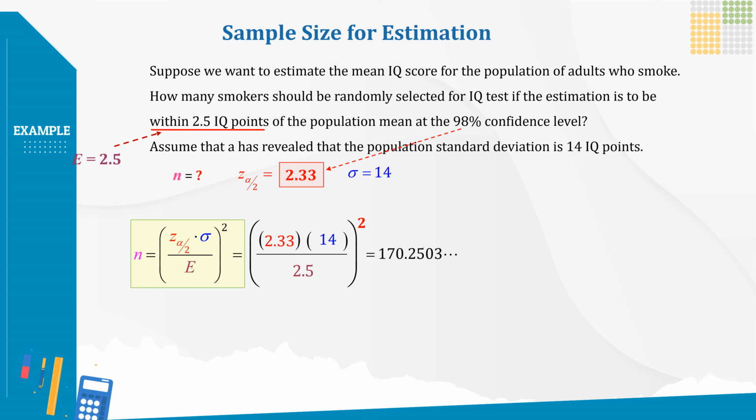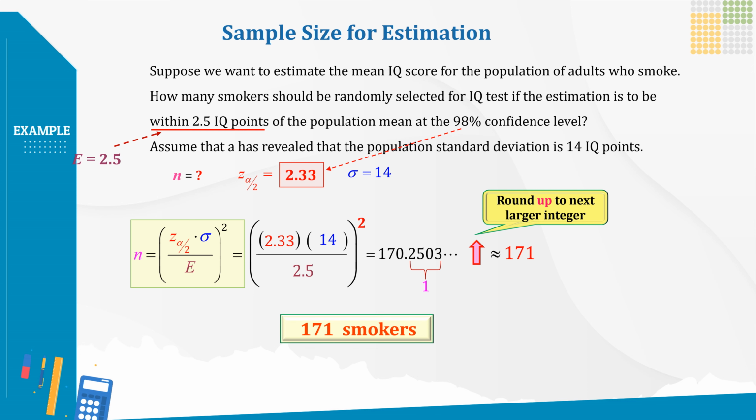Next, round the answer up to the next larger integer to get 171. Therefore, the sample size of 171 smokers is needed to have the margin of error 2.5 in this confidence interval.